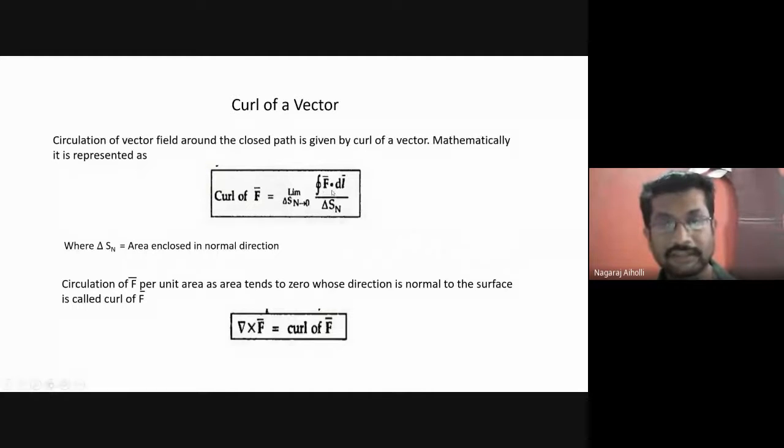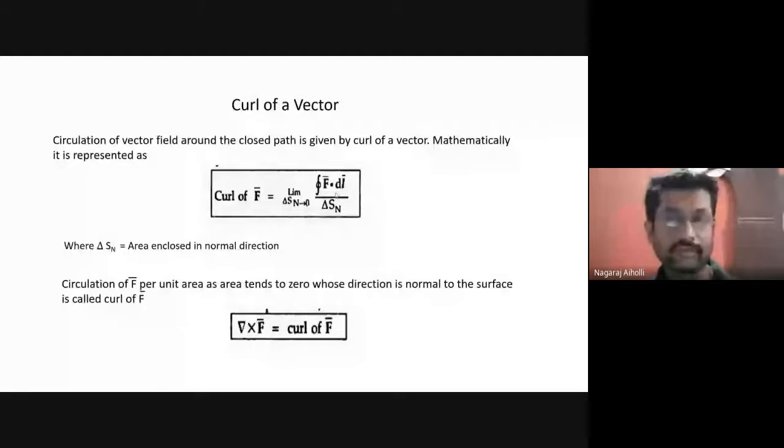I'll show you when I explain the line integral how it gives the other values. The closed integral of the vector field F bar with respect to the length over the closed surface gives how much flux is coming from that surface, the total flux, because we are integrating how much flux is coming from that surface.